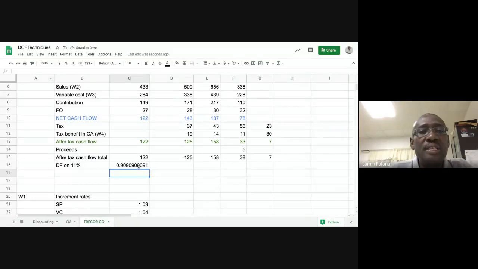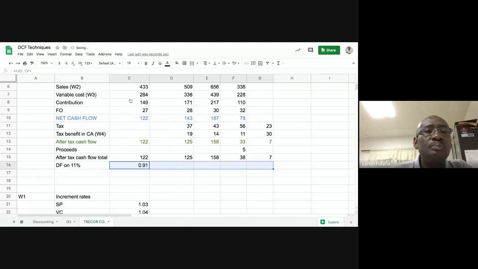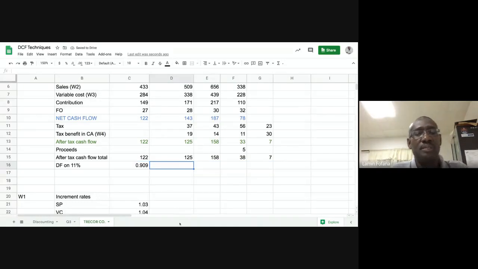Okay, so let's take everything to 3 decimal places. So like I said, if you're going to use your calculator, do equals 1 divided by 1.11 raised to the power 1.